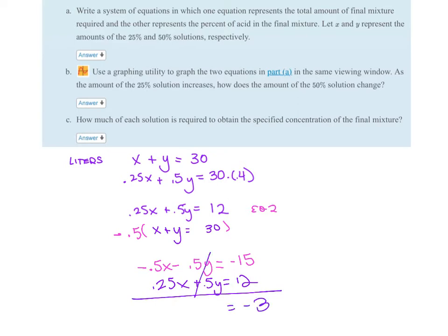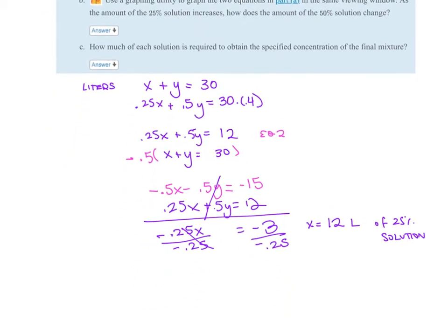This will be negative 3. And we're left with negative 0.25x divided by negative 0.25. And then we'll find that x is going to be 12 liters. Remember, it's 12 liters of that 25% solution. So that's our x value.